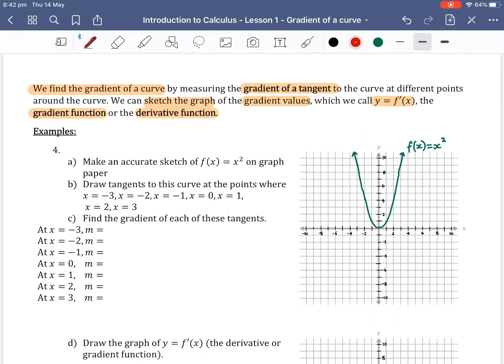And we want to write our function on our graph. Now what we want to do is draw tangents on this curve where x equals -3, x equals -2, x equals -1, x equals 0, x equals 1, x equals 2, and x equals 3. So then we draw our tangents. So they are straight lines just hitting those points of our graph.